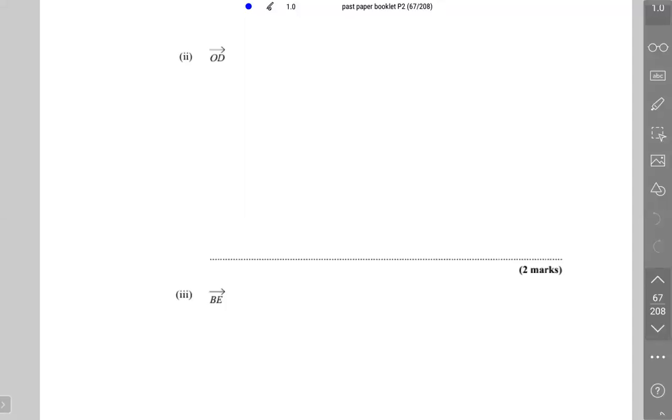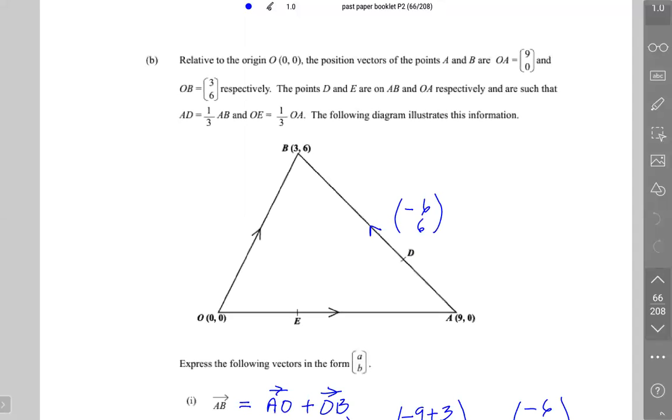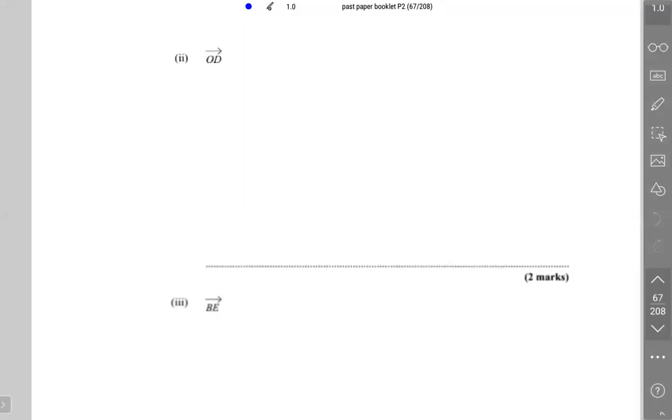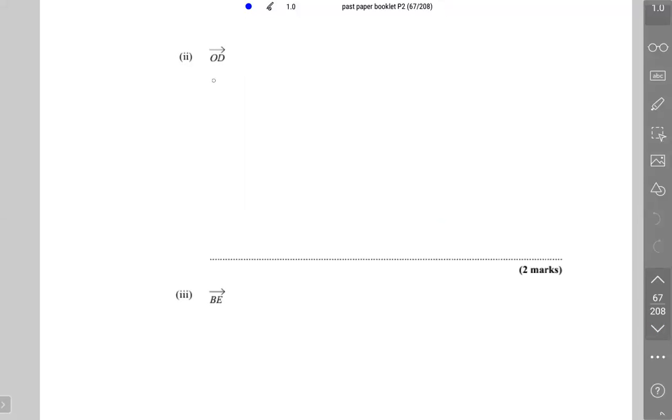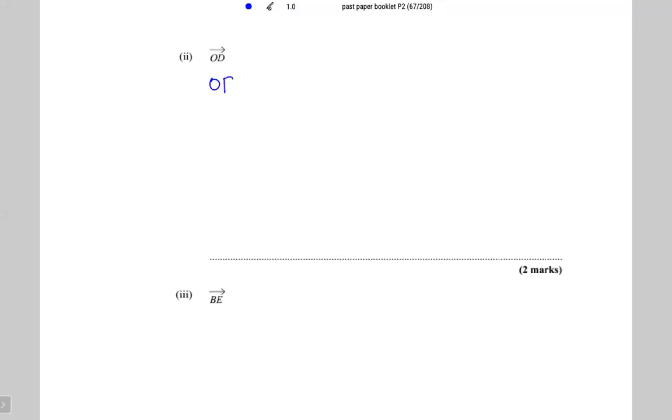II is asking for OD. So let's go back to our diagram. OD would be OA plus AD. So OD would be OA plus AD.